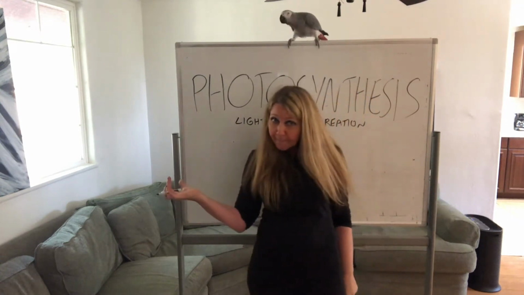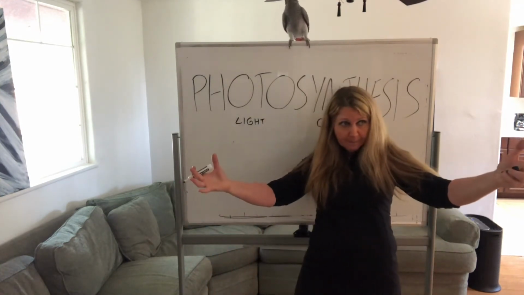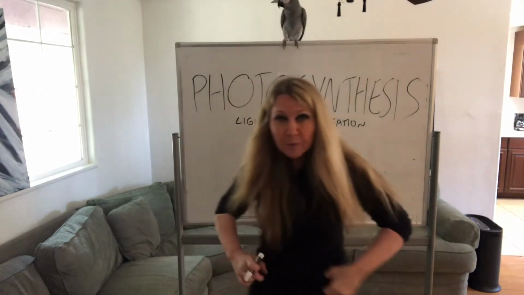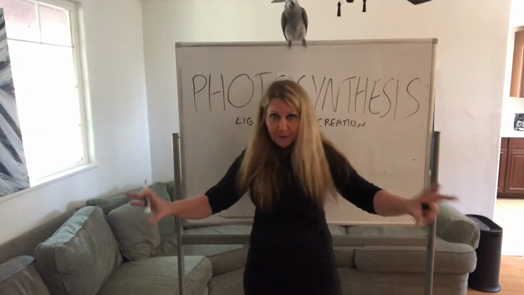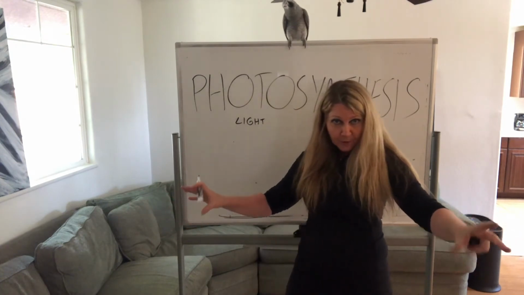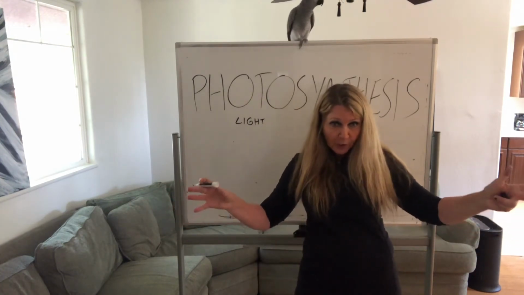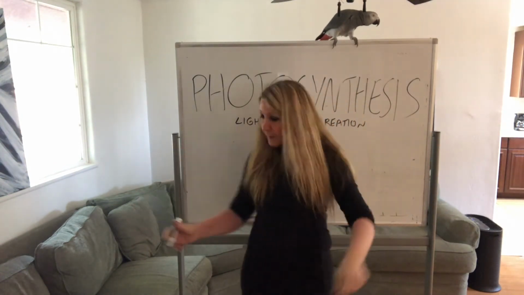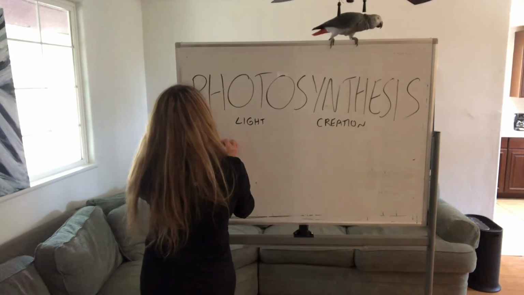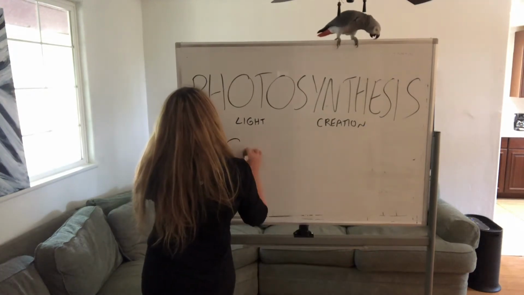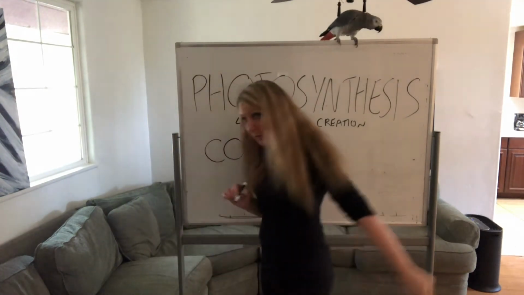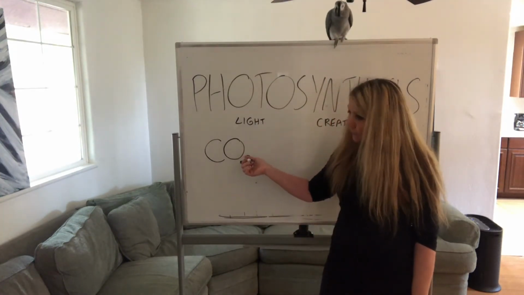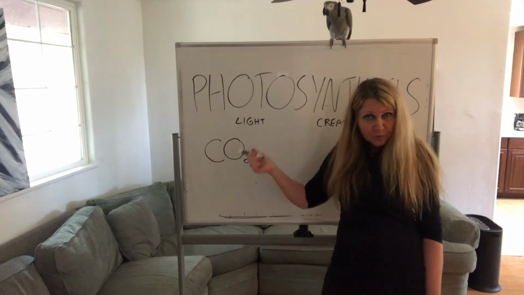First thing is they use carbon dioxide. I'm going to write the chemical symbol here for carbon dioxide. It's carbon with 2 oxygens. So CO2. And you've probably heard about CO2 and how it's contributing to climate change.